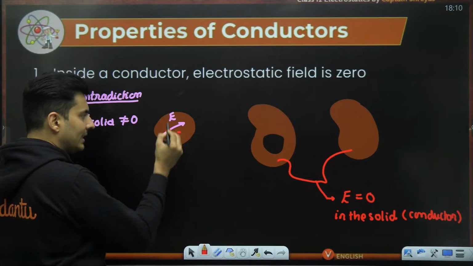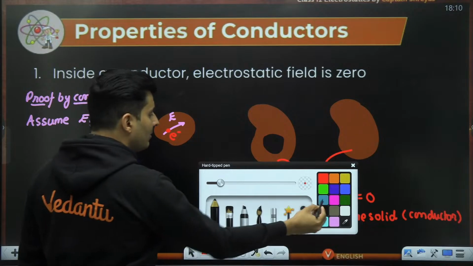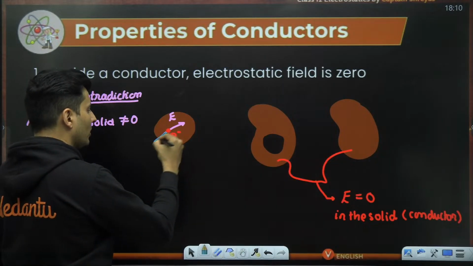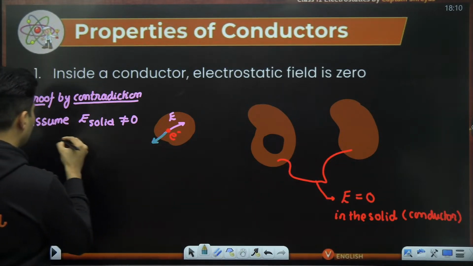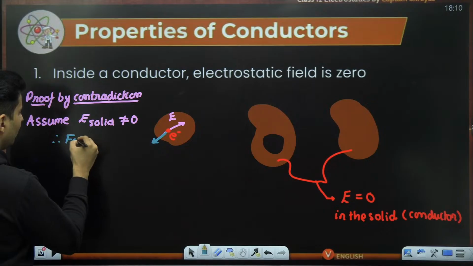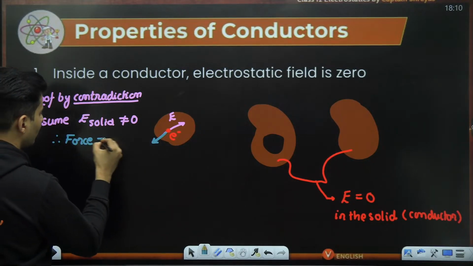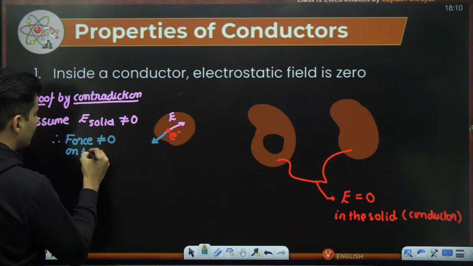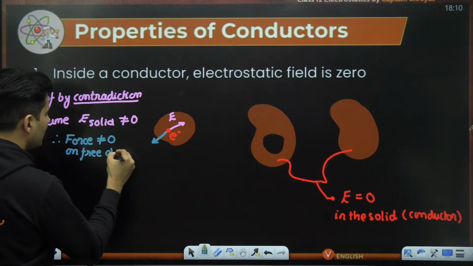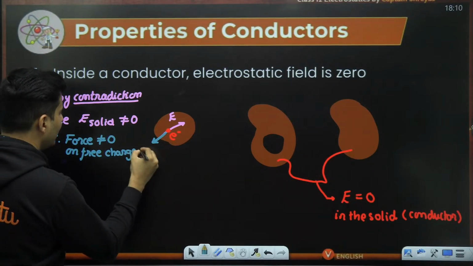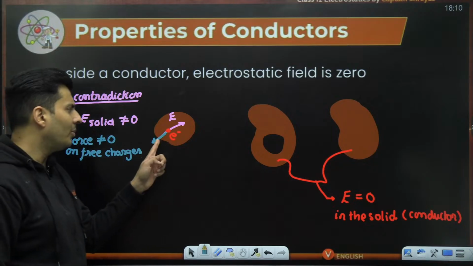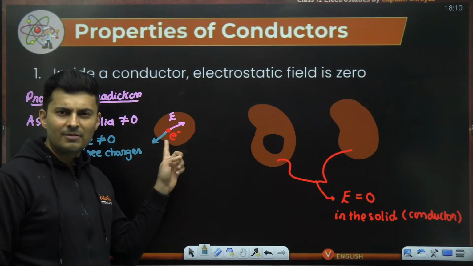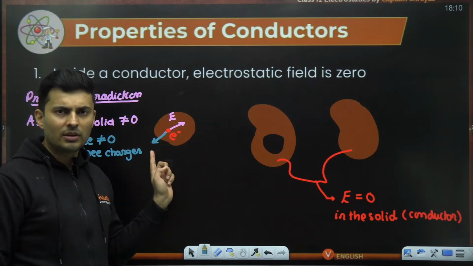If there is a charge and there is a field, immediately there will be a force on it. There will be a force on those free charges, and it will definitely not be zero. Why am I showing it in the opposite direction? Because electrons have negative charge, so the force will be opposite to the field.